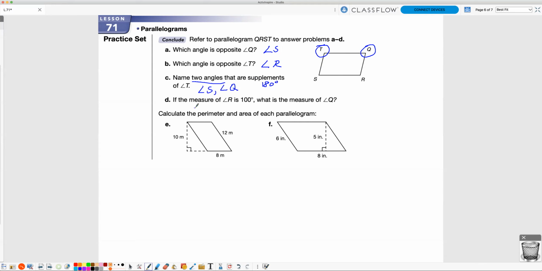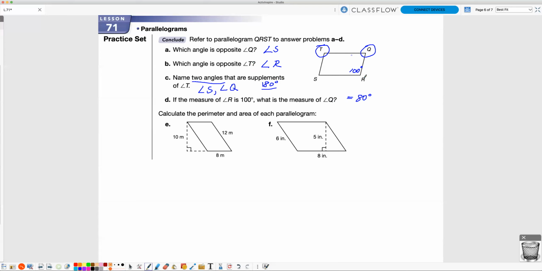Letter D, if the measure of angle R is 100 degrees, what is the measure of angle Q? So if this one happens to be 100 degrees, knowing what we knew from letter C, that two adjacent angles have to add up to 180 degrees, you should recognize that angle Q has to equal 80 degrees, because 100 taken away from 180 is 80 degrees.